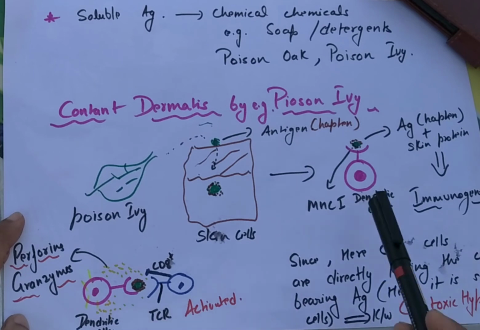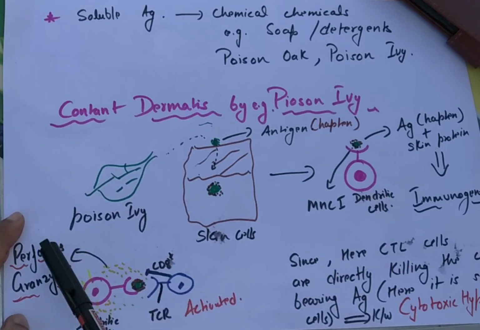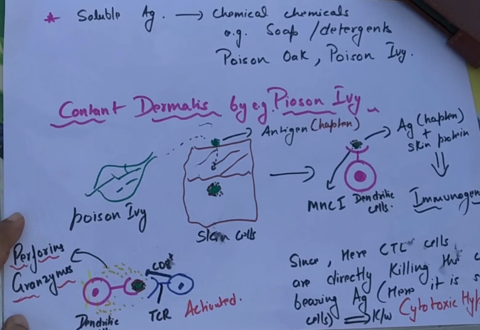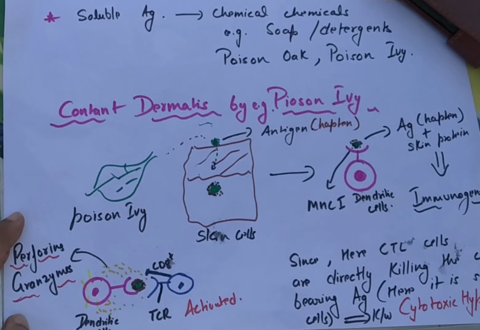These dendritic cells are carrying those antigens, so the TC cells will release perforin, which will cause pores on the membrane of these dendritic cells through which the granzymes enter the cell and cause lysis of the cell. So this is the way type 4 hypersensitivity works.